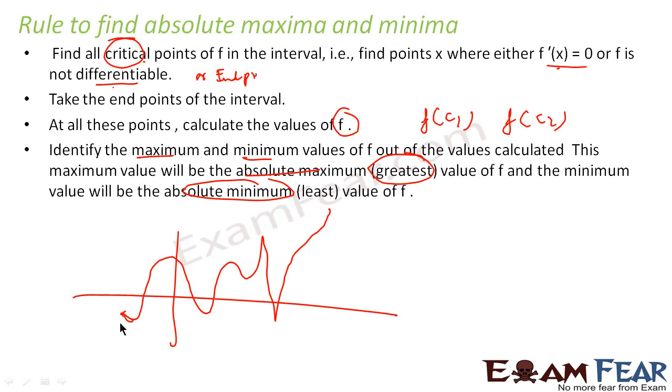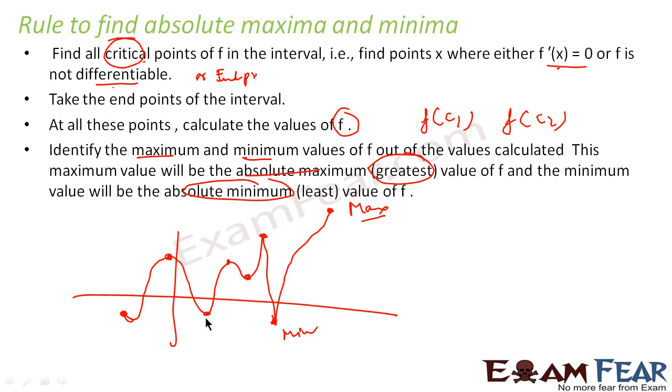So I'll take all the points starting from this point, the turning points, the non-differentiable points, and the endpoints. At all these points I'll find the value, and then by observation I can find that this guy is the minima and this guy is the maximum. So that is the approach, the crude approach.